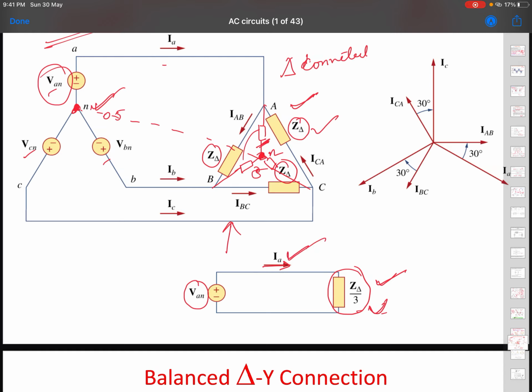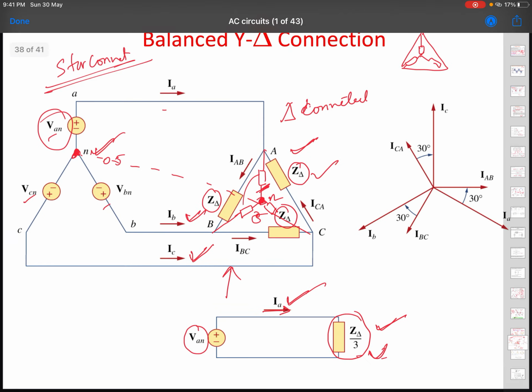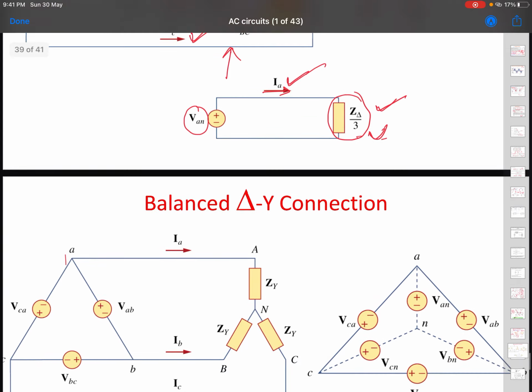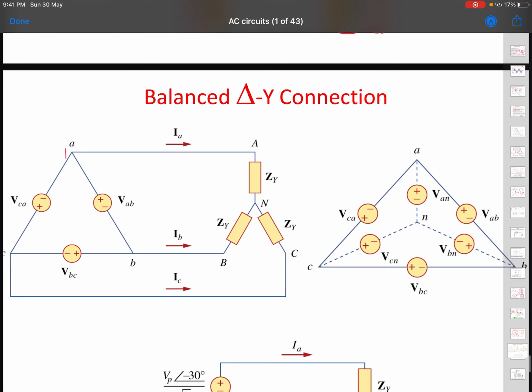So your IA is found, and the same will be IB and the same will be IC, except for the angles of IA, IB and IC, which will be 120 degrees apart from each other. So that is how you can analyze a three-phase circuit on a single phase basis if they are connected in Y-delta connection.